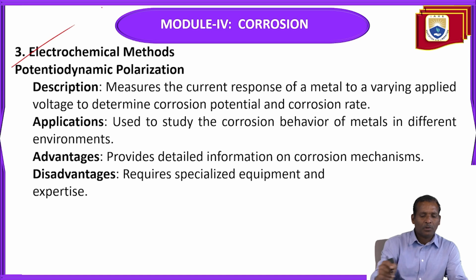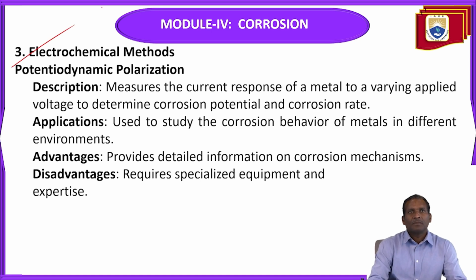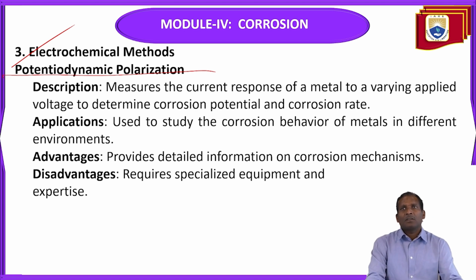Next method is electrochemical methods. In this, potentiodynamic polarization. What is this potentiodynamic polarization? It measures the current response of a metal to a varying applied voltage to determine corrosion potential and corrosion rate.